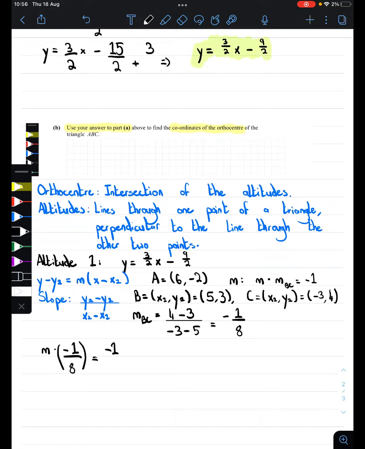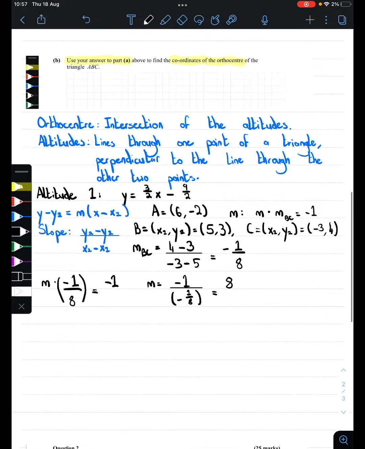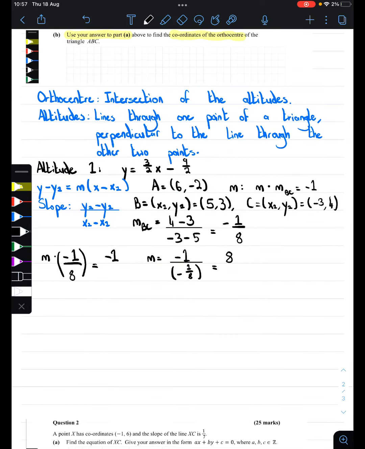If we divide by minus 1/8, m equals minus 1 over minus 1/8, which gives the slope we're looking for, 8. Now we can find the equation of the line: y minus y1, which is minus 2, equals m, which is 8, times x minus x1, which is 6.